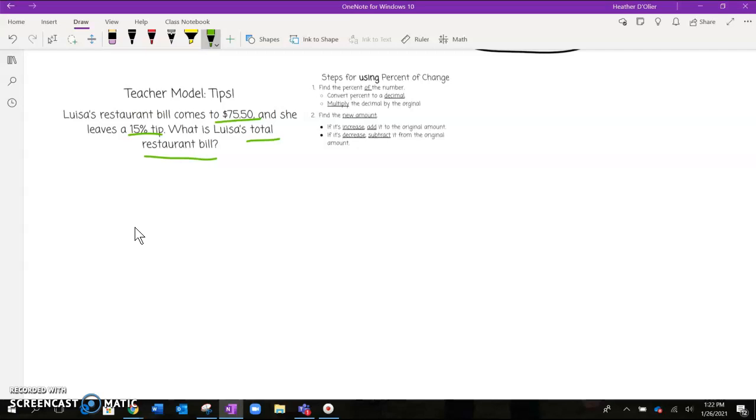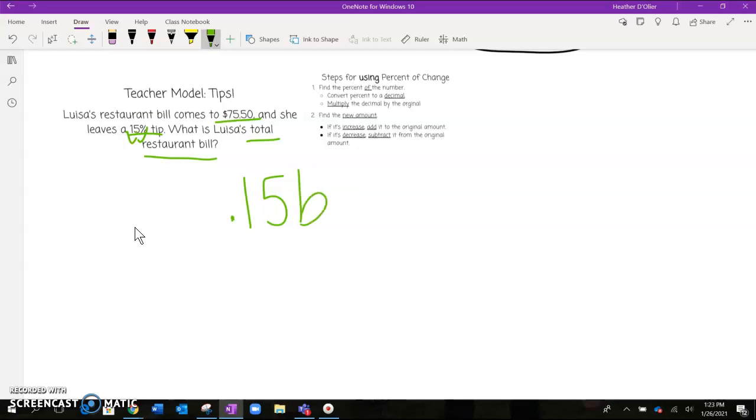So let's start by converting that percent to a decimal. 15%, I move it once, I move it twice. So it's going to be 0.15. I need to multiply that decimal by the original, so that's the cost of this bill. I still want to reinforce expressions, so we're going to write the expression first.